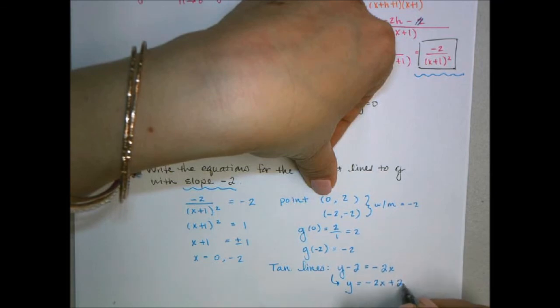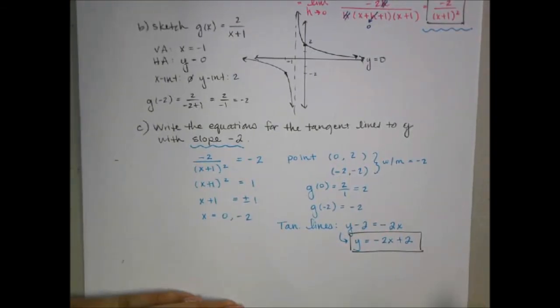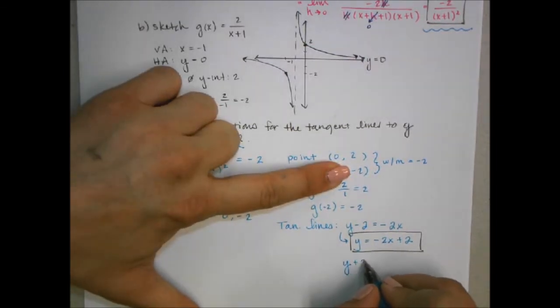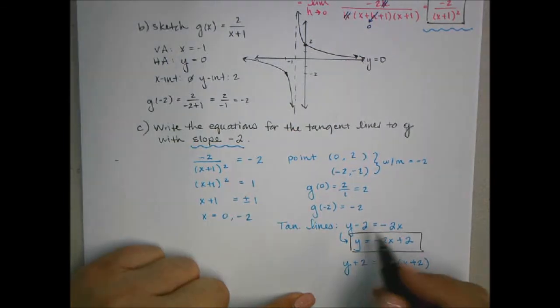So there's one tangent line. And then we have one more going through negative 2, negative 2. So y minus negative 2 is equal to negative 2 times x minus negative 2. That one I'll just leave. So there are our two tangent lines.